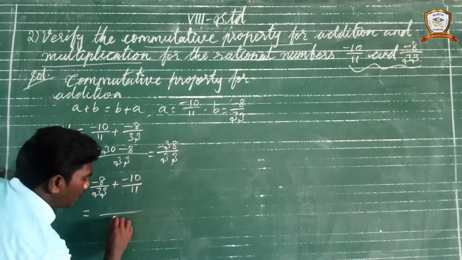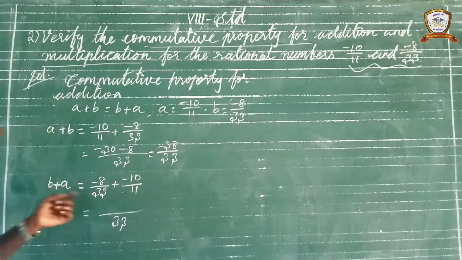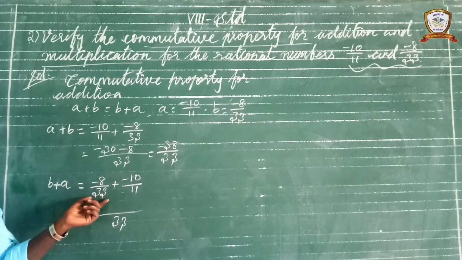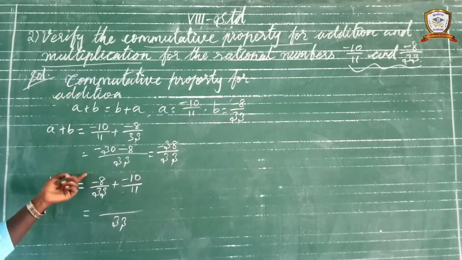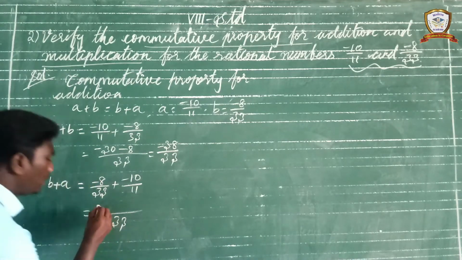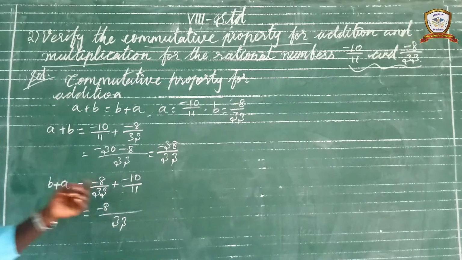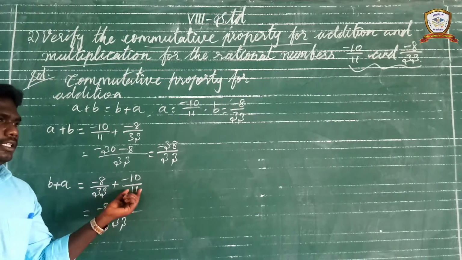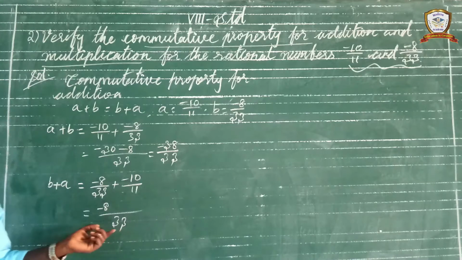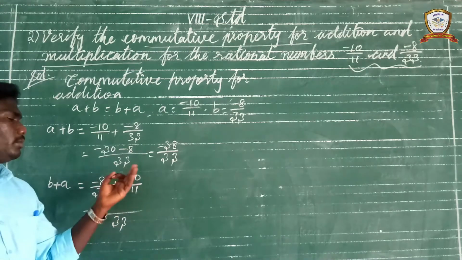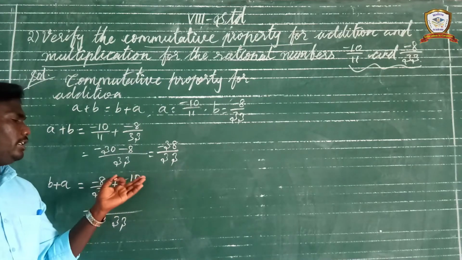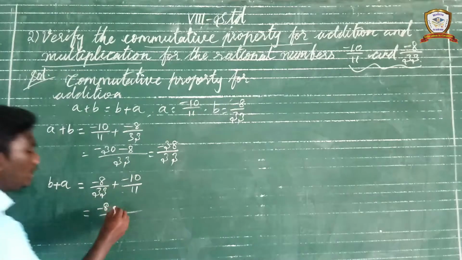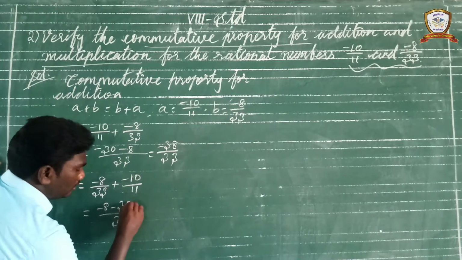So for the denominator we take LCM 33. So here already have 33. So 1 table multiplied by numerator minus 8 into 1, minus 8 only. The next, here denominator 11. 11 table 33 how many times? 3 times. So we multiply by numerator 10 into 3, 30, minus into plus, minus 30.